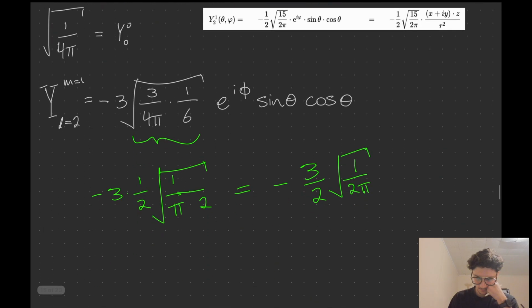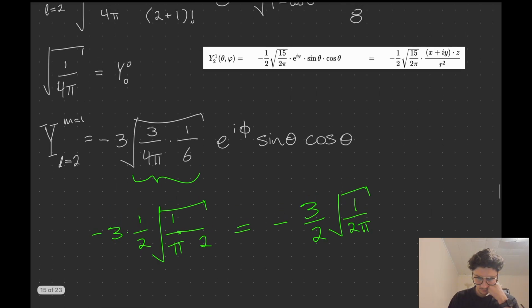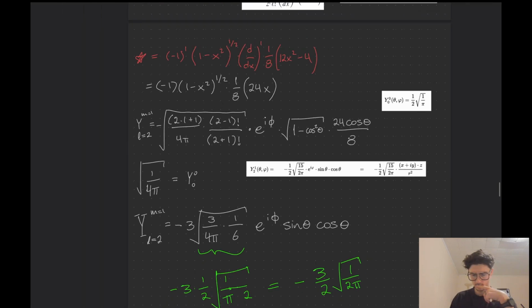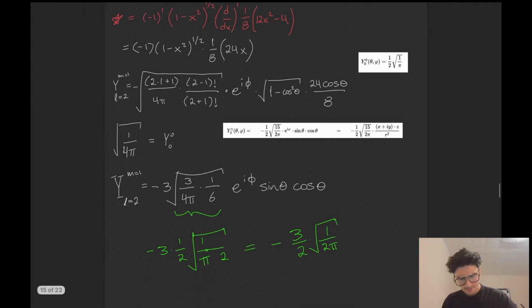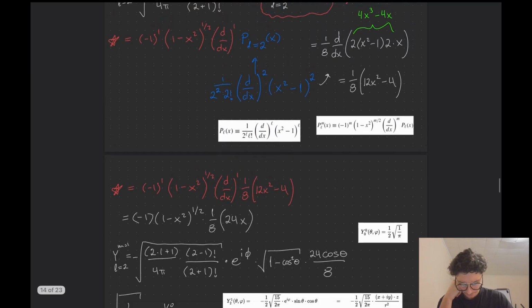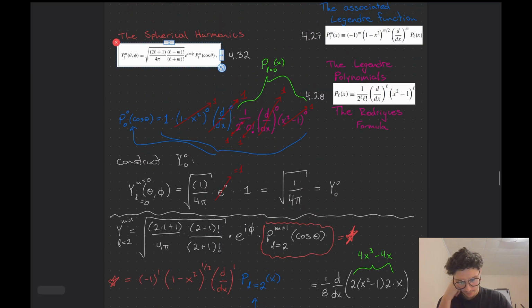Oh wait. No. Okay, we got a problem. We made some mistake here. It's literally this 15, huh? Square root of 15. Where's this coming from? Okay, what we have here, to me, looks correct. Let's copy this and bring it down here.